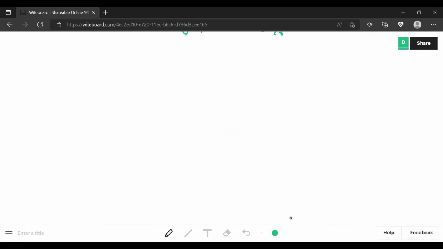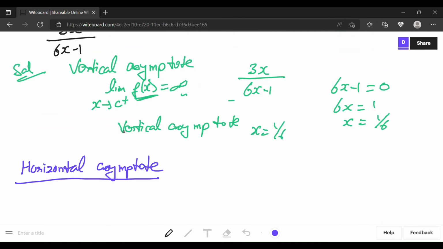Now solving for the horizontal asymptote. For this 3x upon 6x minus 1, as limit x tends to infinity.